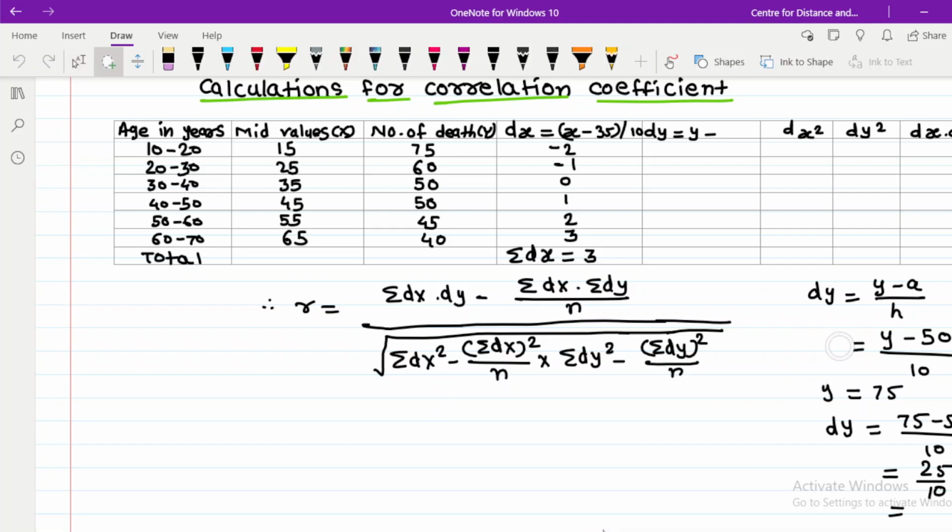Here the value of dy is y minus a divided by h. Here I am taking the value of h as 5, because the values of y are all divisible by 5.